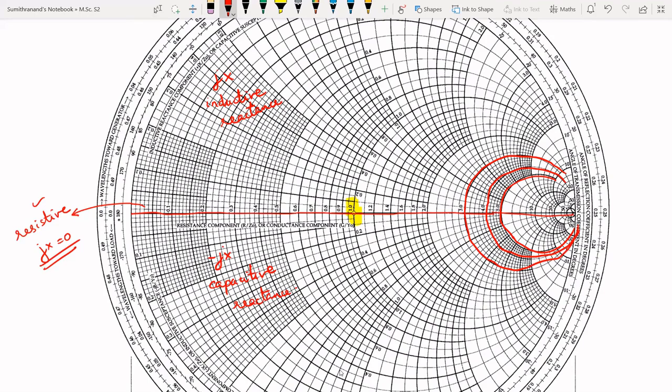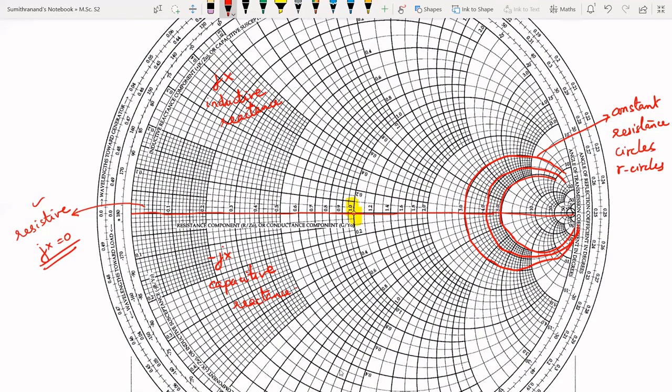Again, we can draw many circles. These circles are known as constant resistance circles, or R circles.